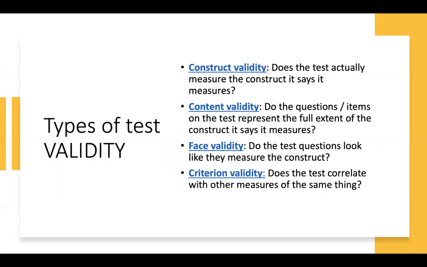It might just measure the state of your stomach. But anxiety is more than just the state of your stomach. And anxiety for some people might not be about their stomach. Not very many. Most people have some sort of stomach involvement. But you have to make sure that you're asking a wide enough range of questions to capture the entire construct.